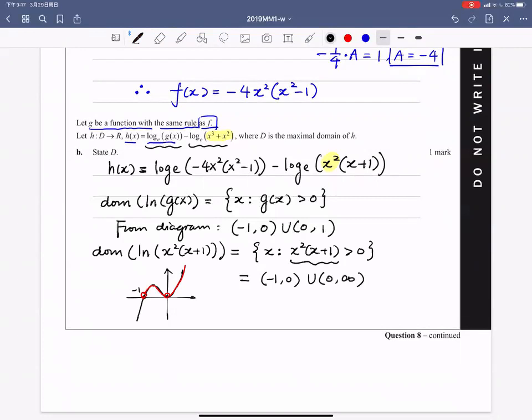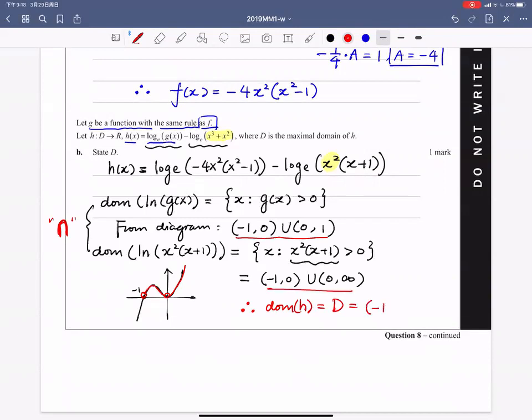Finally, I'm going to make the intersection of them. Intersection, okay, the common part. Therefore, my domain of h, which is D, should be the intersection of that guy and that guy.